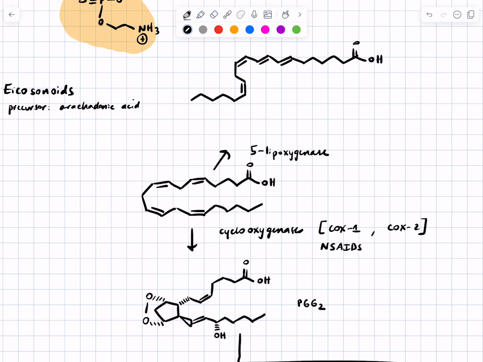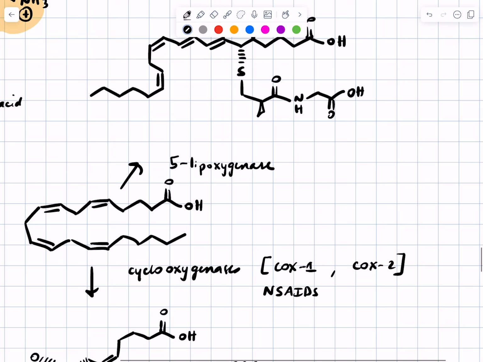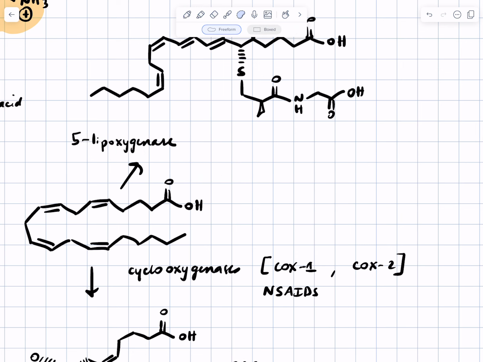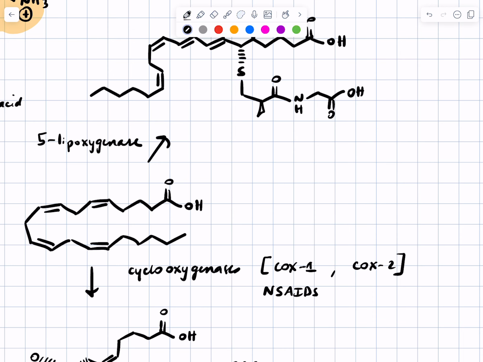Carboxylic acid here, that's your 20 carbon chain. We've been oxidized there with an OH group. Then you've got a sulfur here, and then that sulfur appears to be a cysteine side chain. With glycine on this side. And then I need space to draw the rest of it.